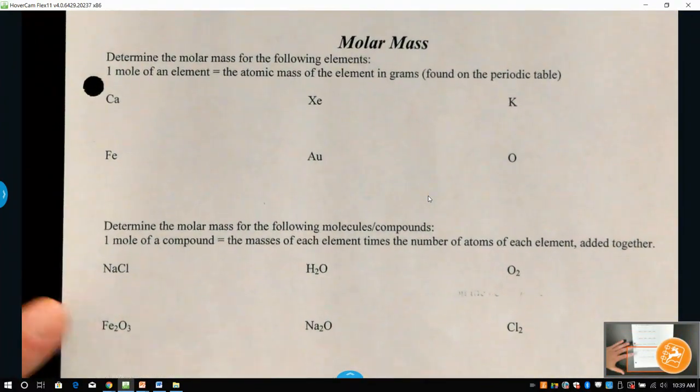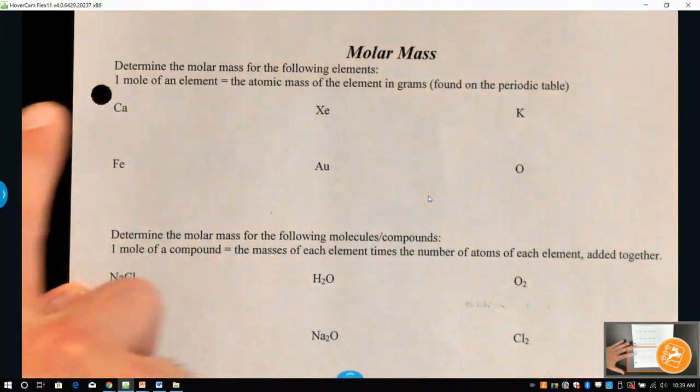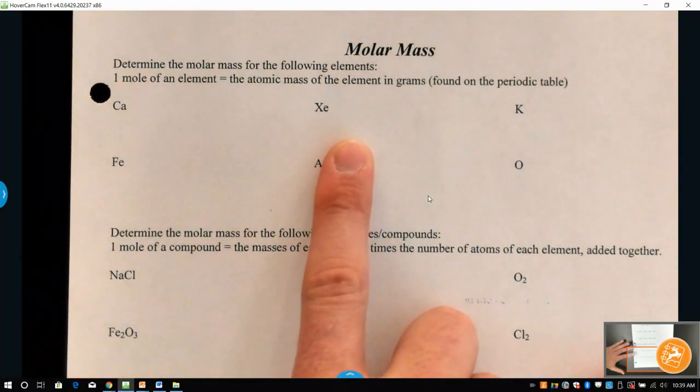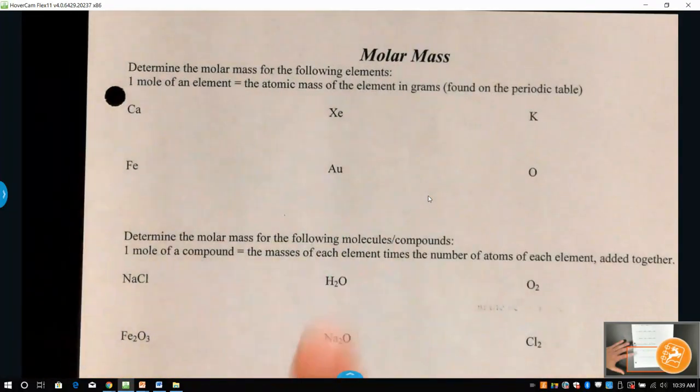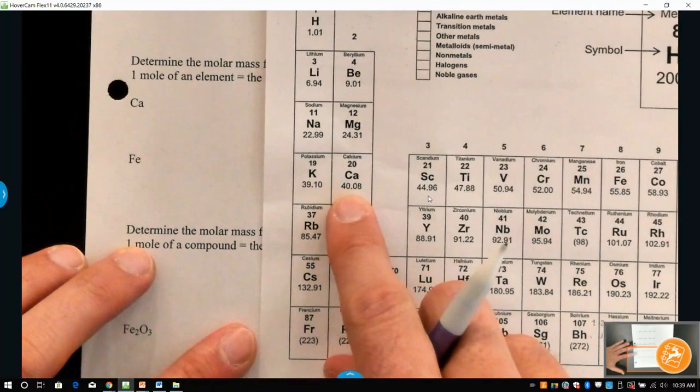All right, very simple. They want to know what the molar mass is for the following elements. So 1 mole of an element, atomic mass of an element in grams found in the periodic table. So in 1 mole, we're looking at the first dude, calcium. Find calcium in here.